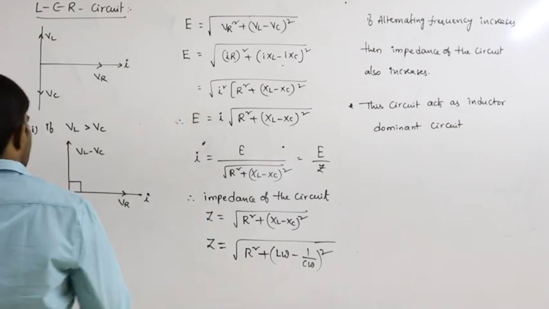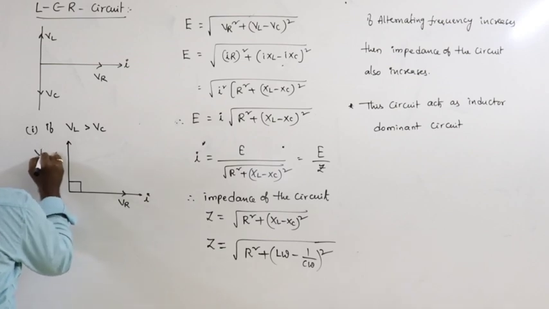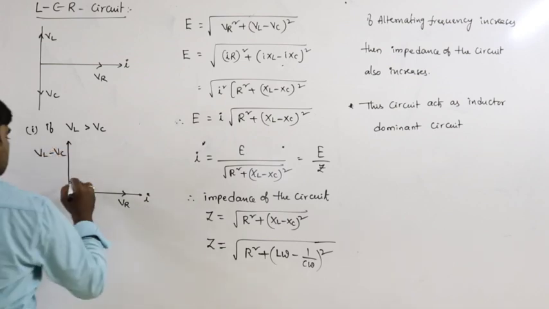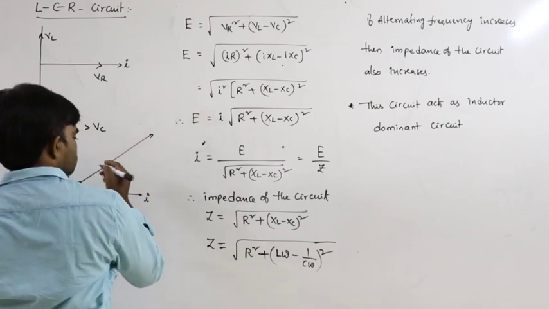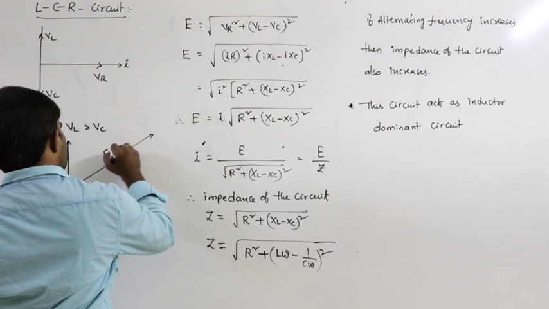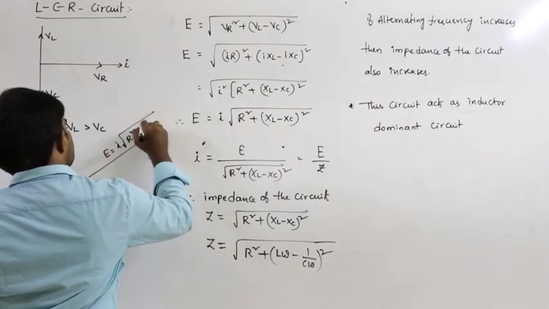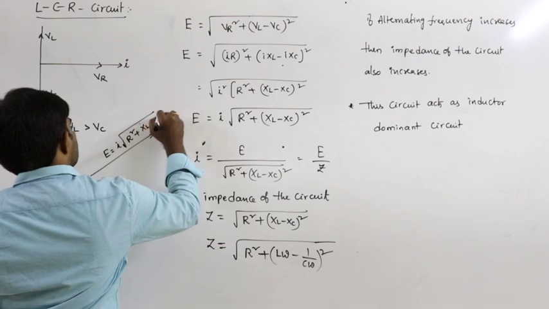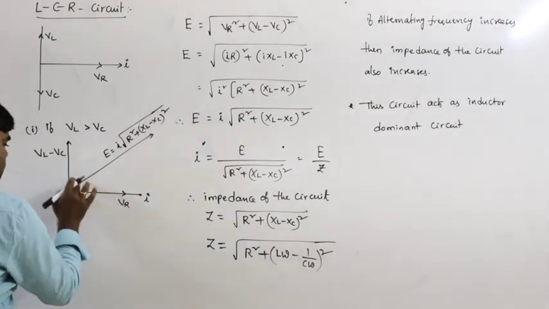This is VL minus VC. So let us say this is the effective E is equal to I into under root R square plus XL minus XC whole square.